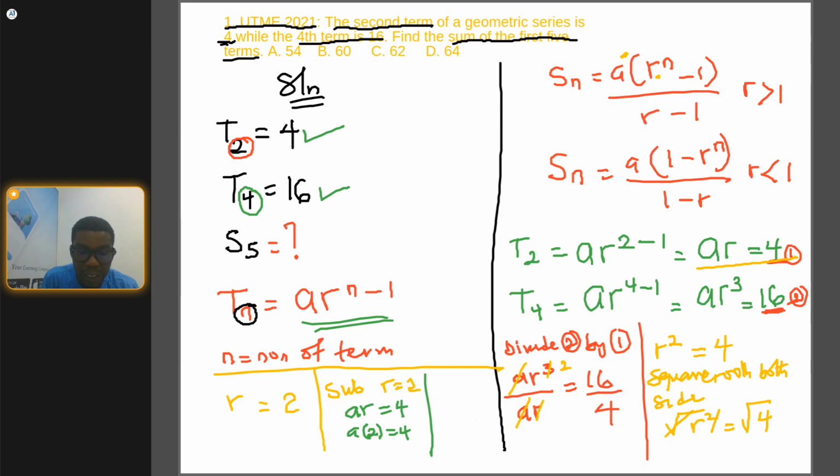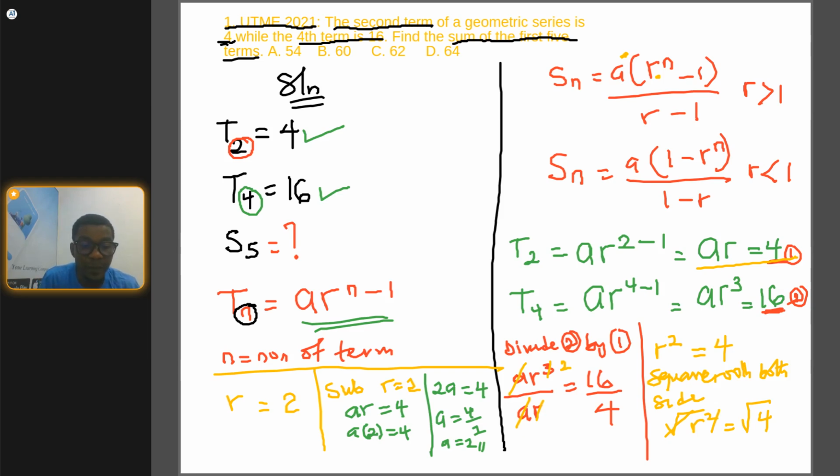That is 2 times A is 2A equals 4. Dividing both sides by 2, A will be equal to 4 over 2, which is 2. So the value of A is 2 and the value of R is 2.